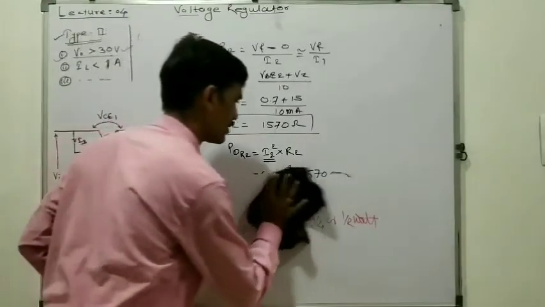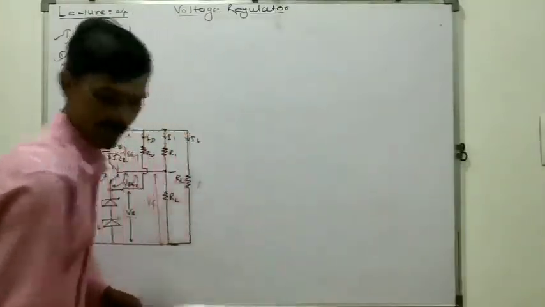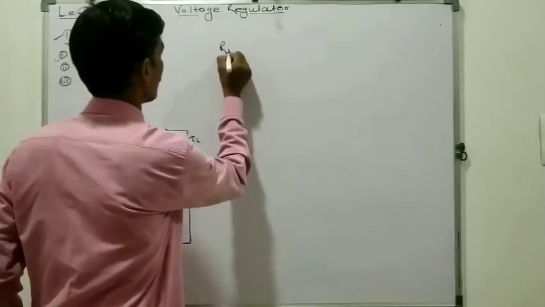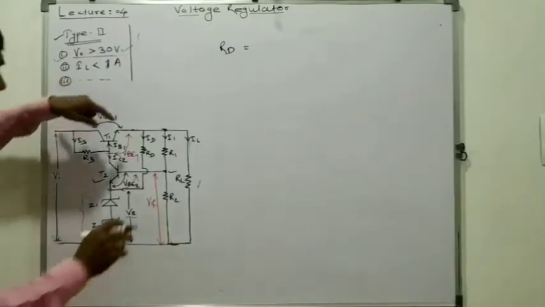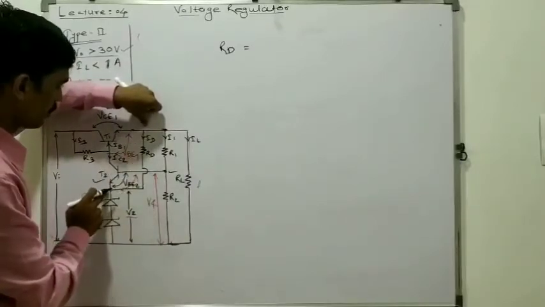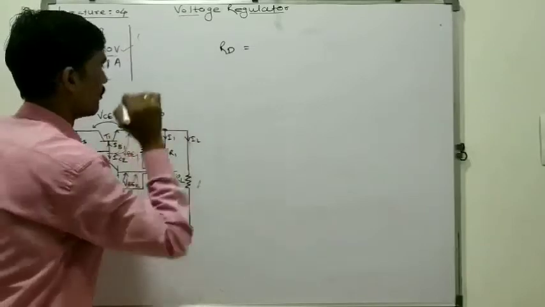Next is selection of RD. Again, for selection of RD, we have to consider these 2 points because RD is connected across these 2 points. So at this point, again the voltage is VO.